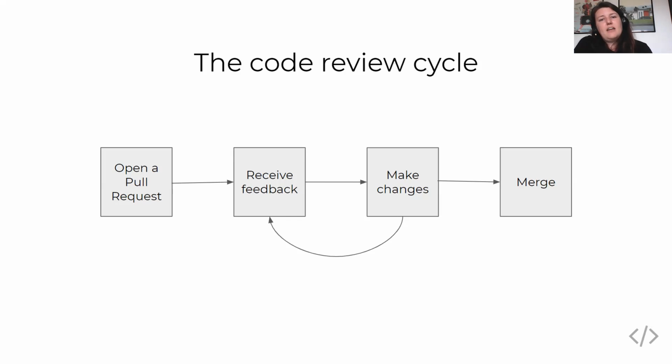So this area here of receiving feedback, making changes, receiving feedback and making changes, that's the sweet spot of the code review cycle. We're really in here until we're able to merge. Every time we're receiving feedback and making changes, we're improving the code quality. Each time it's getting better and better, until it's officially ready to be merged into the main project, into the main branch.